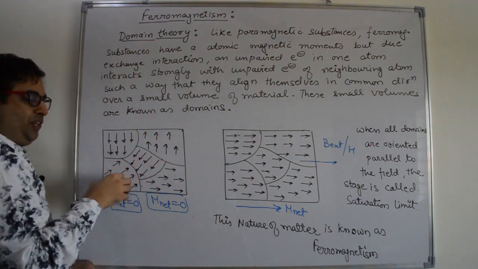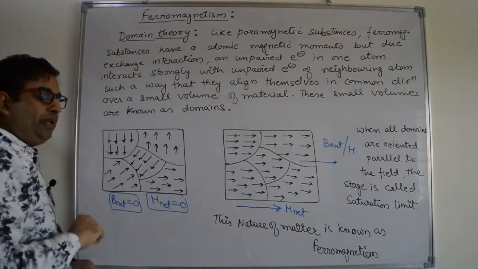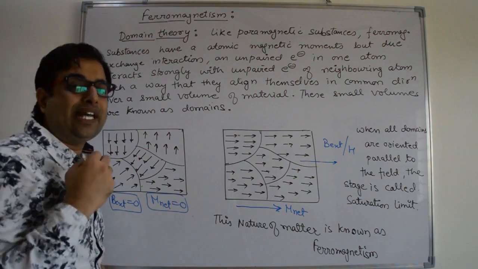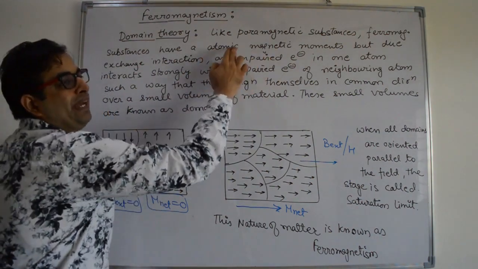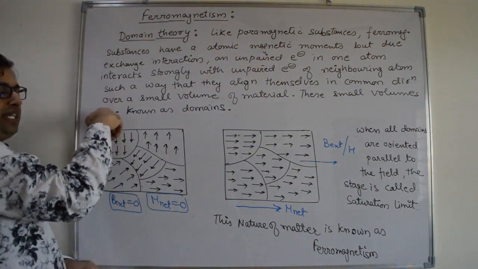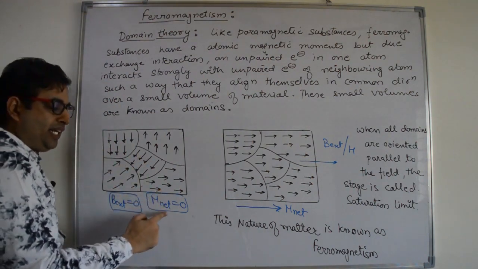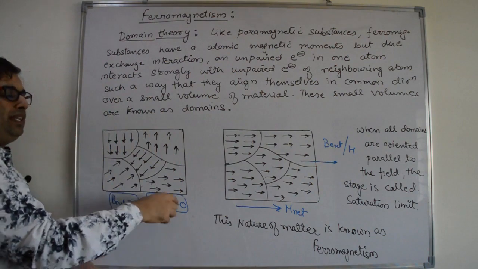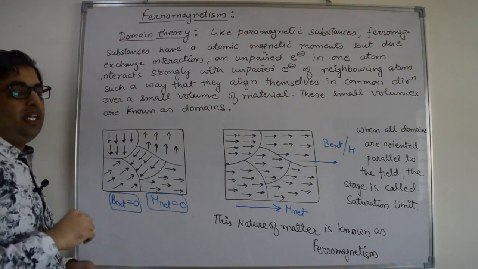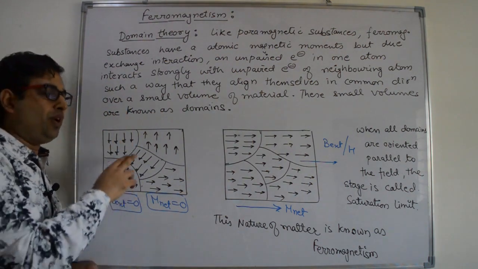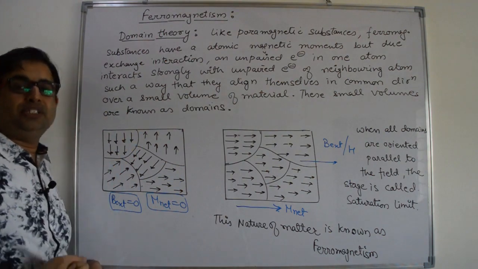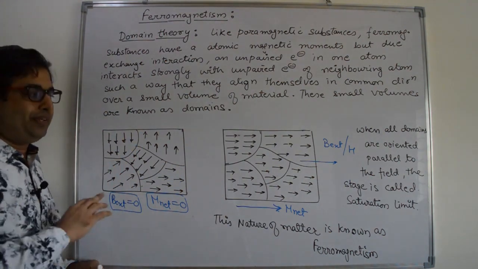So we have different domains, and in each domain we have a group of dipoles or atomic magnets, right? They are in the same direction, but in the absence of magnetic field, the net magnetic moment produced by the number of domains is equal to 0 because they are randomly arranged due to thermal energy, right?